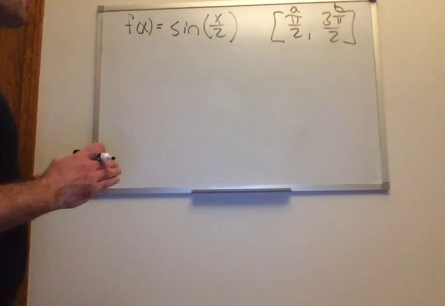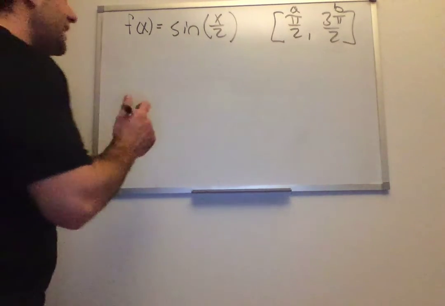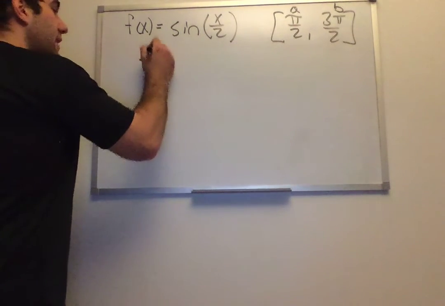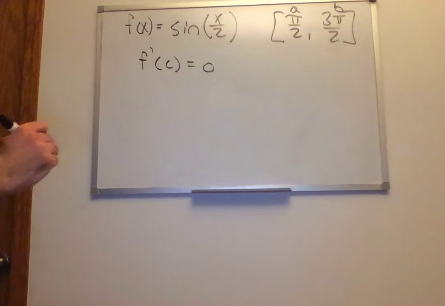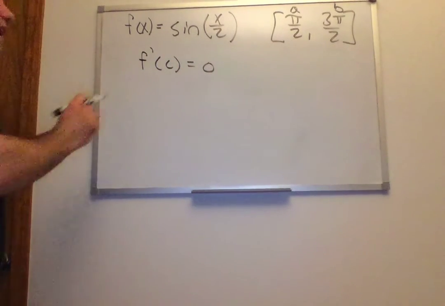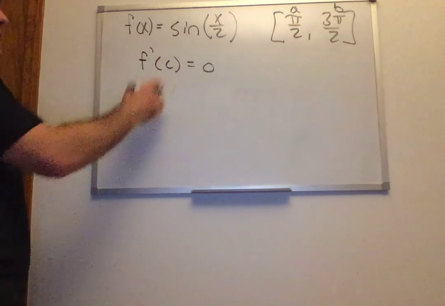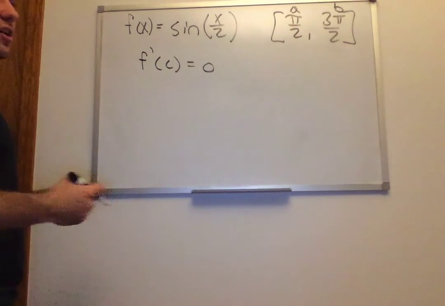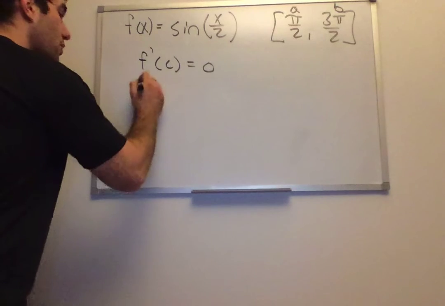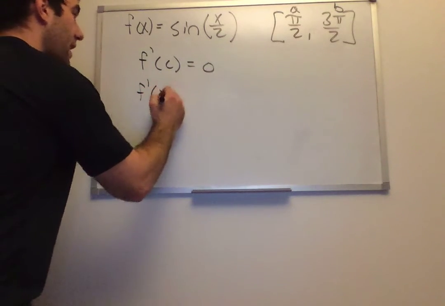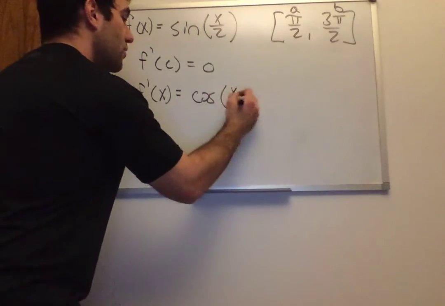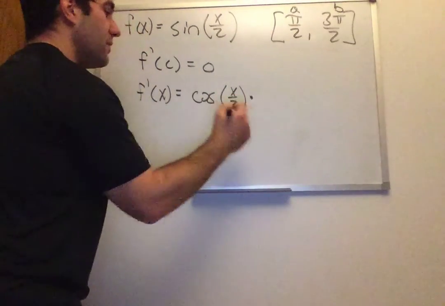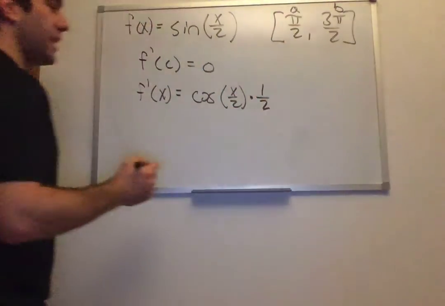So now Rolle's theorem guarantees that there is some c value that makes this equation true. So let's go ahead and find the derivative, plug in c, set it equal to 0, and solve for c. So f prime of x is cosine of x over 2 times the derivative of the inside, which is just 1/2.